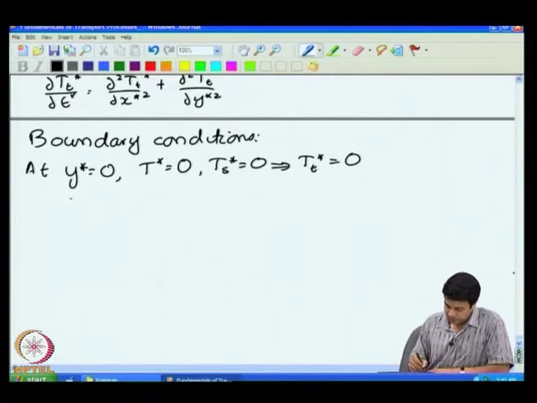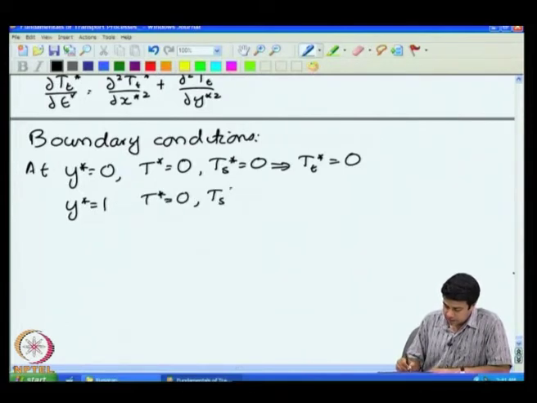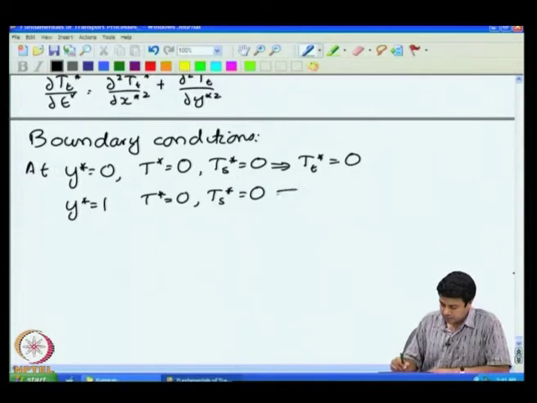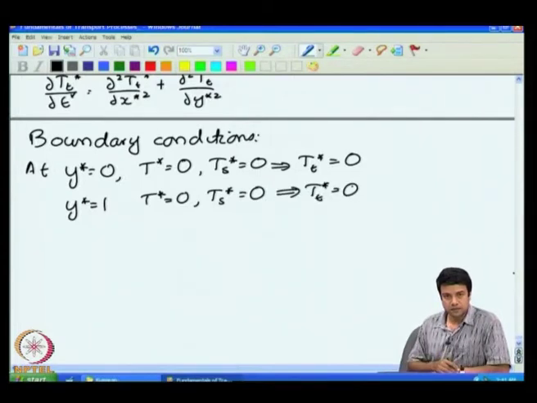At y star is equal to 1, the temperature is once again equal to 0, the steady temperature is also equal to 0, which means that the transient temperature is equal to 0, the difference between these two.